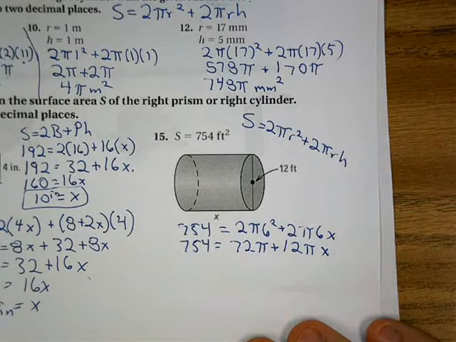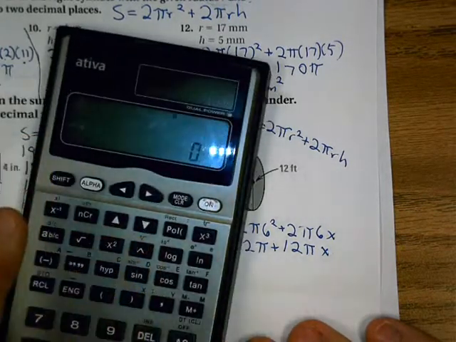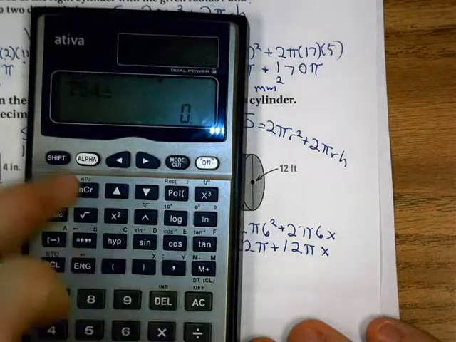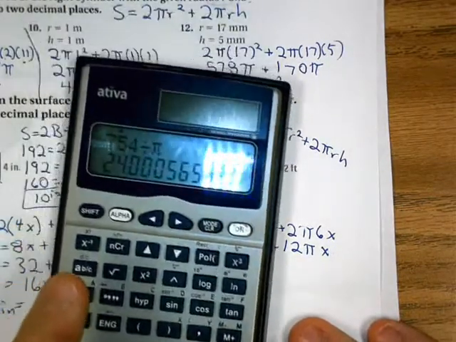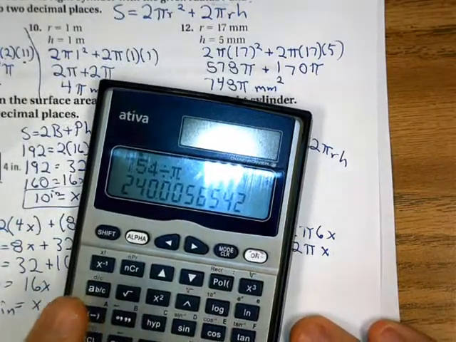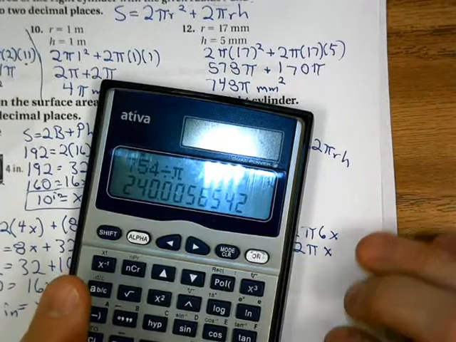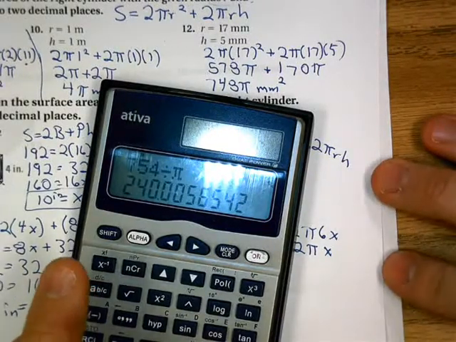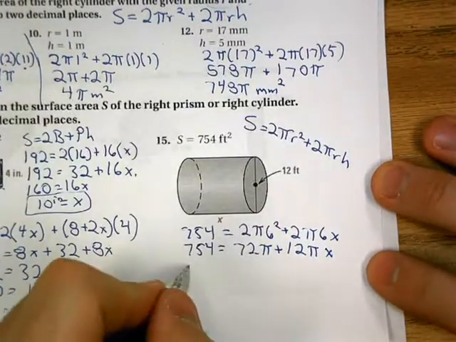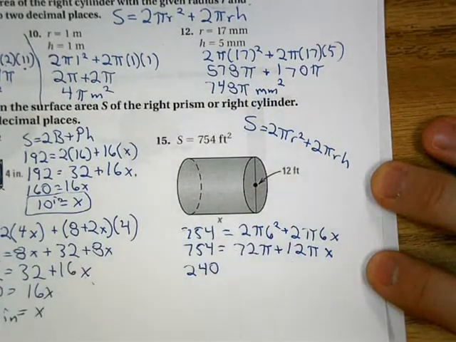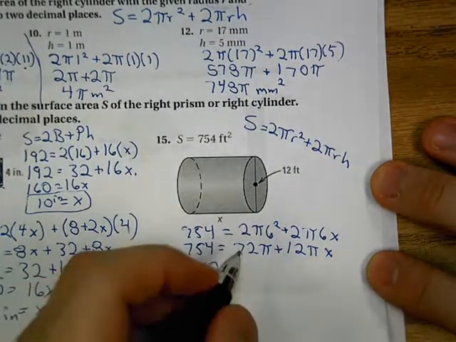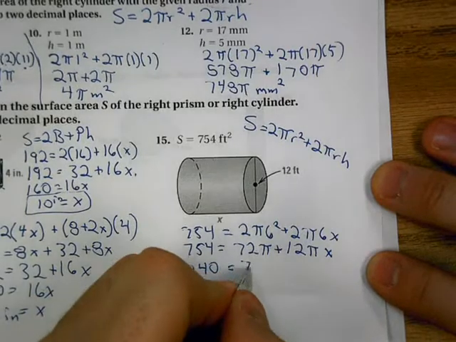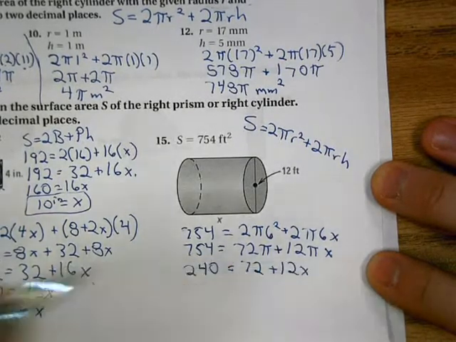Now, what I'm going to do, which may make things a little bit easier, is I'm going to try to divide 754 by pi. And if I do that, I get it's about 240.00. Now, this is an approximation, and would be perfectly fine just calling this 240 when we divide it by pi. And by doing that, I've actually divided everything by pi, and hence gotten rid of it.